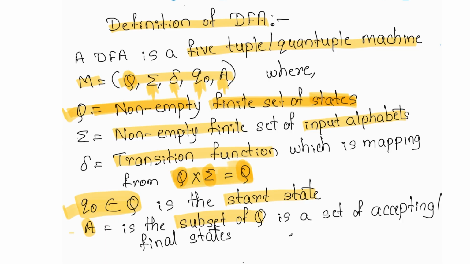One among the given states will be the start state, and another will be the final state, and it depends upon the language or the problem. The start state can be the final state also, but it depends upon the individual language, not always. So A is the subset of Q, which is the set of accepting or final states. Even the final state can be called an accepting state.